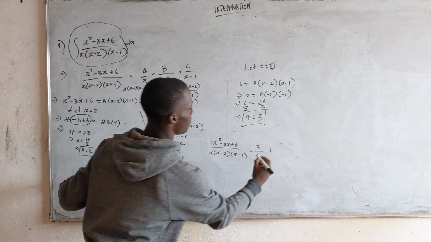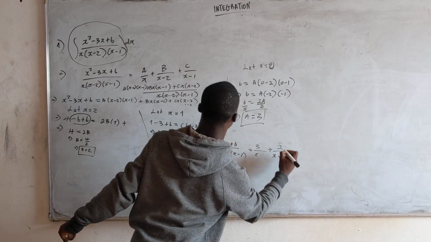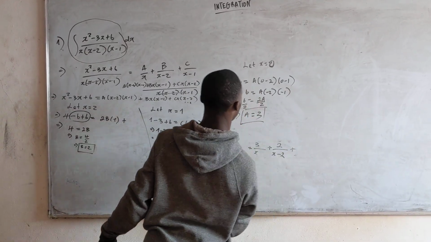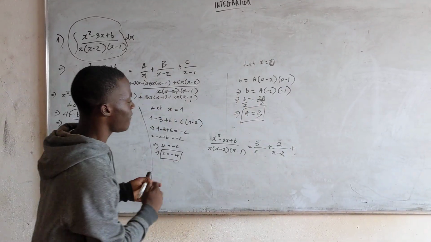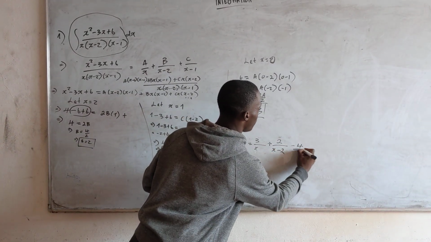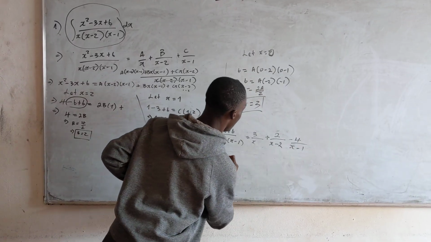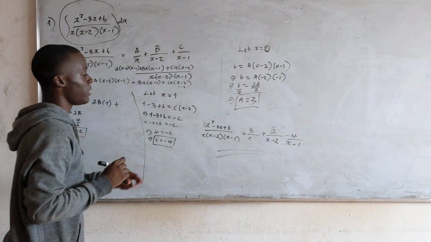Our b is 2 all over x minus 2, plus, now our c is negative 4, so here will be negative 4 all over x minus 1. So it's our final answer for the partial fraction.